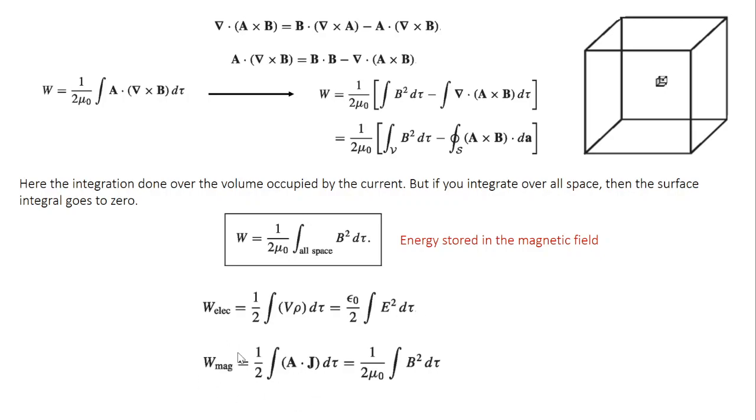Similarly, in the magnetic case, you get the energy stored in the magnetic field as 1 over 2 mu naught integral B square d tau. In a later chapter, when we discuss electromagnetic radiation, you will find that the total energy stored in the electromagnetic field is nothing but the sum of the electric energy plus the magnetic energy.